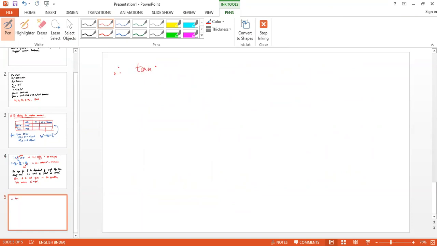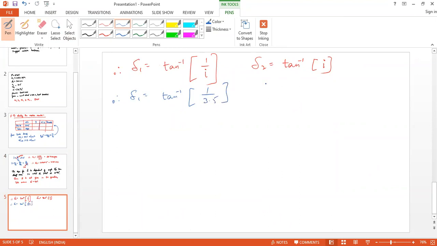Now if I know the value of sigma, then I can find the value of delta. Therefore, delta 1 is equal to tan inverse of 1 by i, and delta 2 is tan inverse of i. So delta 1 is equal to tan inverse of 1 by 3.5, and delta 2 is tan inverse of 3.5.